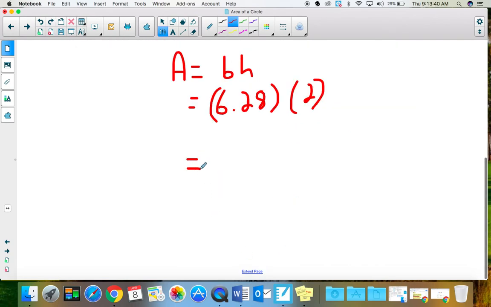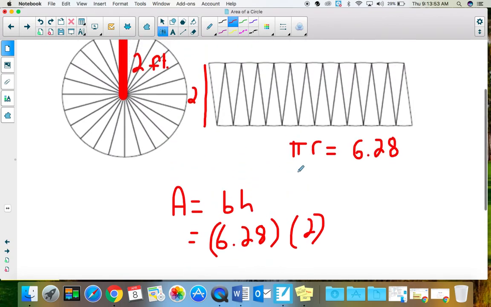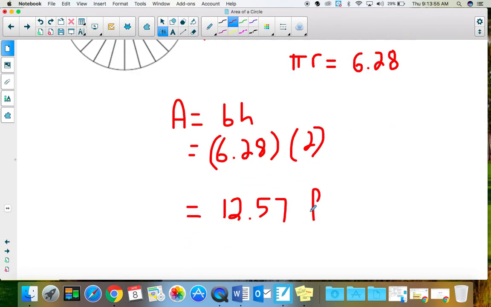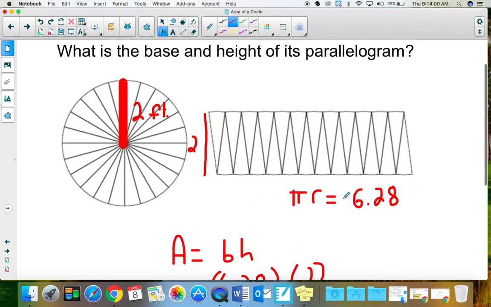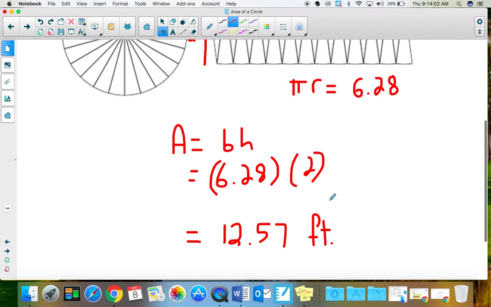And so our area equals 12.57, rounded. And remember, our units are in feet, and we are calculating area. So we did feet times feet, 2 dimensions, so it's going to be squared. So our answer is 12.57 feet squared.